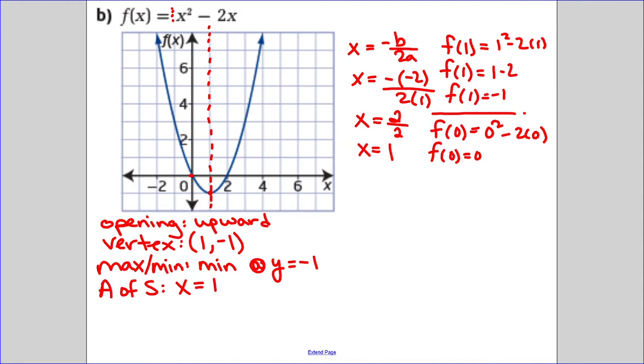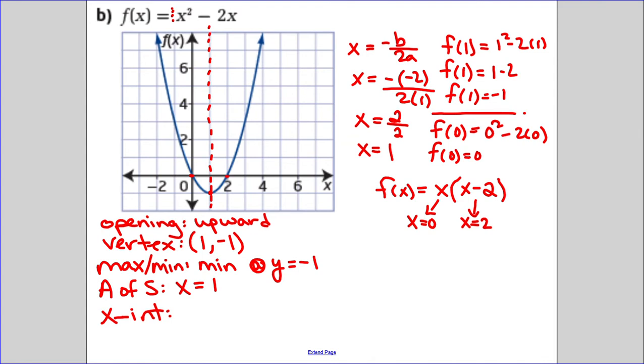The x-intercepts are next, and so for our x-intercepts, I can take a look and see that this function looks like it has a common factor. So f of x, and again it looks like it's 0 and 2, but we can verify just to make sure here. If I were to factor an x out first, I'd have x minus 2 left over, and then I can see that in order for this to be 0, x has to equal 0, or x has to equal 2.